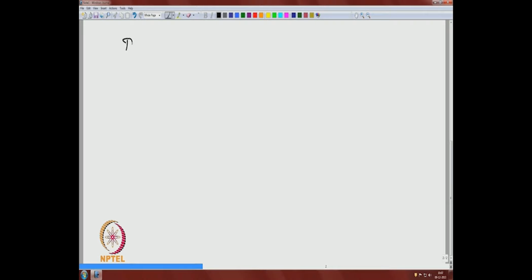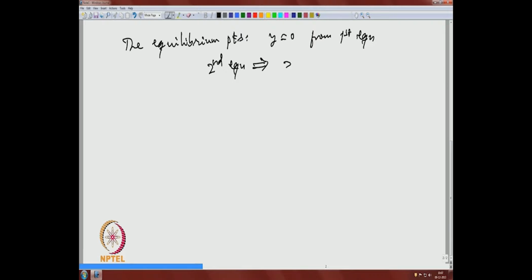So, the equilibrium points. If you compute, the first equation gives you y equal to 0, and the second equation then implies that x into (1 minus x square) equal to 0, or x equal to 0, plus or minus 1.